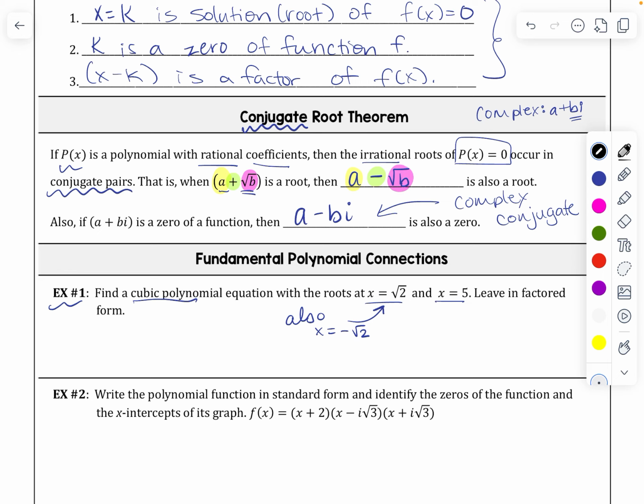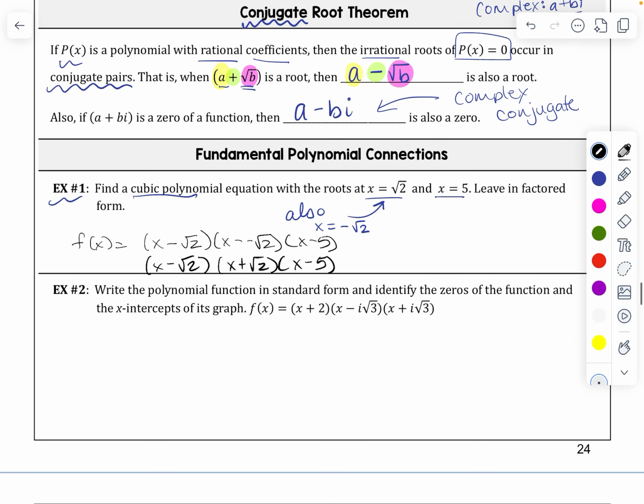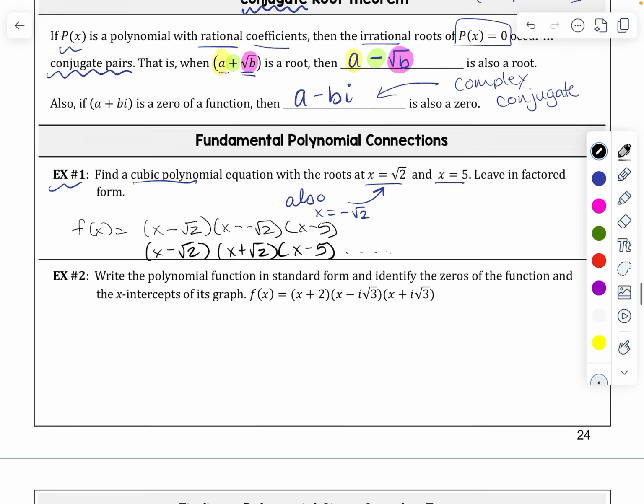So we say the factored form will be that f of x could equal x minus root 2, but also x minus negative root 2 and x minus 5. Okay, if I want to simplify that, I put x minus root 2, x plus root 2, since minus a negative would be a positive, and x minus 5. And then you could expand that to find your function. But this is written in factored form.